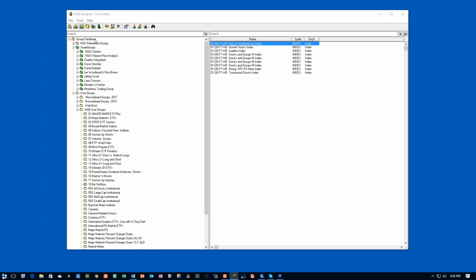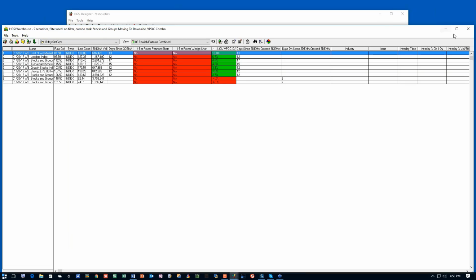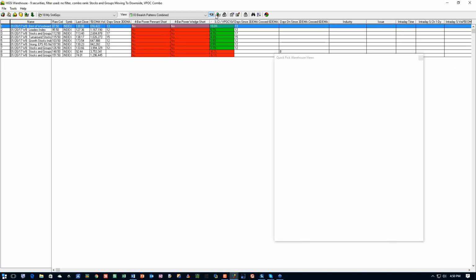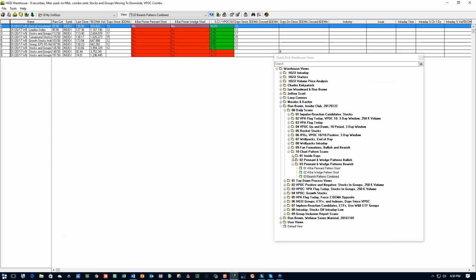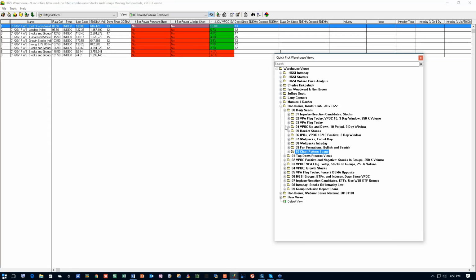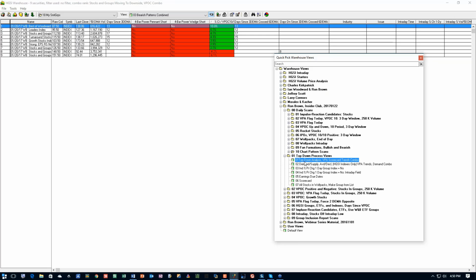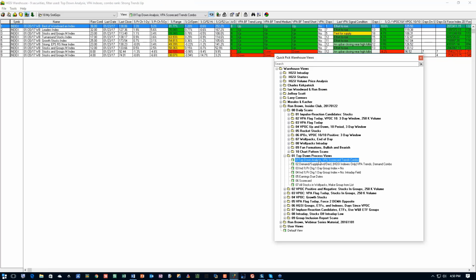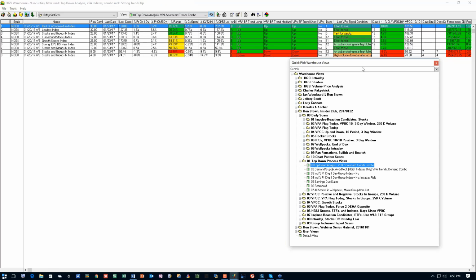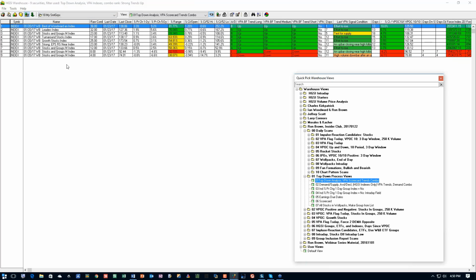So let me quickly go here to my daily scans. I want to go to top down. I use this view right here under the top down process view. Some of you said your groups weren't showing up because you had a filter on. Well, if you go to this view, it will not be a problem.